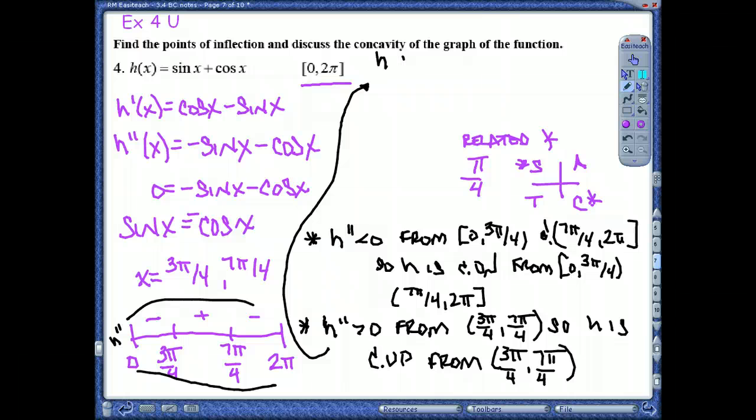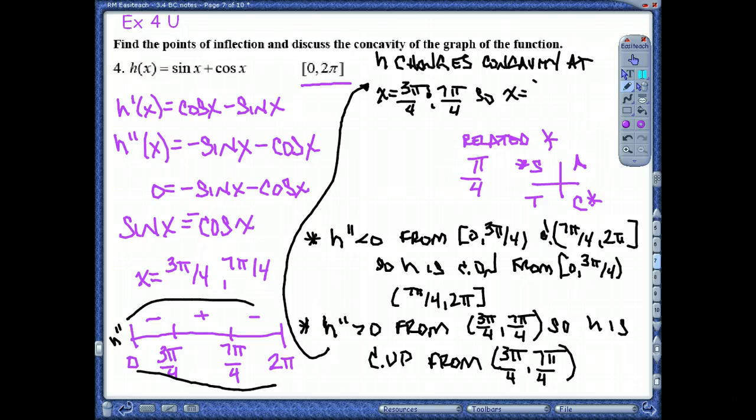Okay, h changes concavity at x equals 3 pi over 4 and 7 pi over 4. So x equals 3 pi over 4 and 7 pi over 4 are POI.